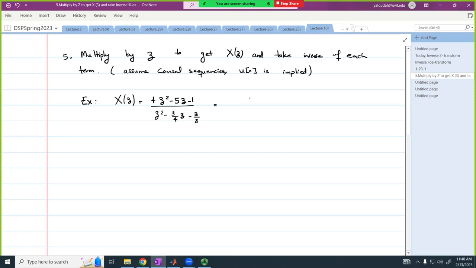We have two poles. You can write this as z plus 1/2 multiplied by z minus 3 over 4.